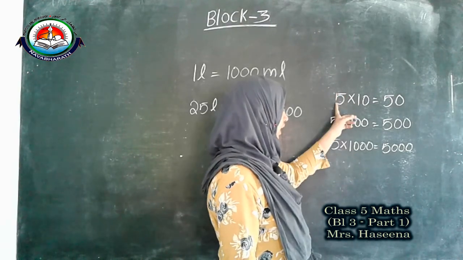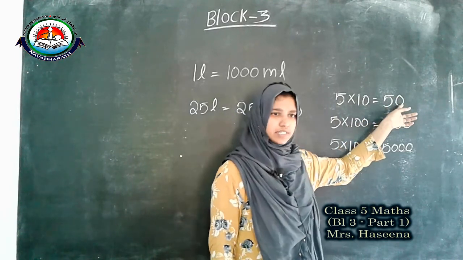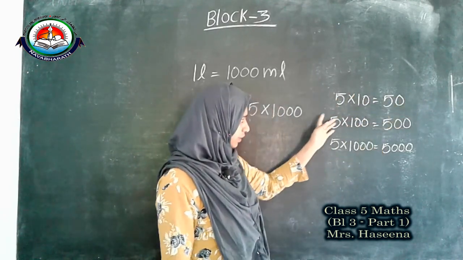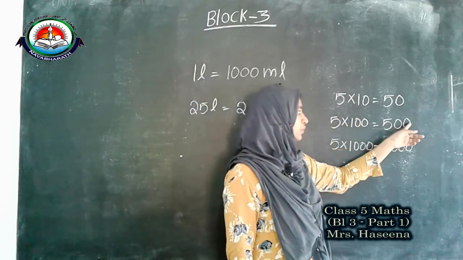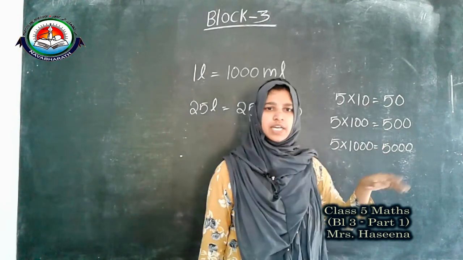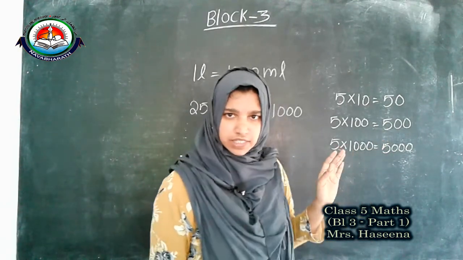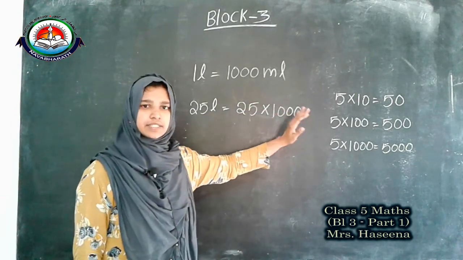What did you understand from these examples? When we multiply by 10, we add 1 zero. When we multiply by 100, we add 2 zeros. When we multiply by 1000, we add 3 zeros. So, how can we find this answer?